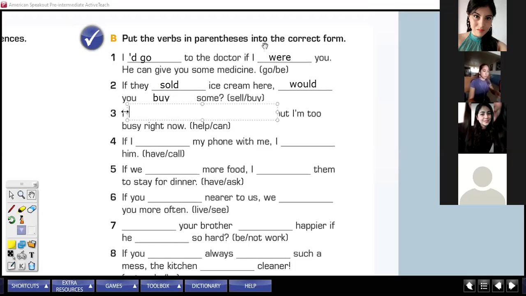I would help. Yes, we can use contractions. I'd help you if I could. Cool. Good. Pronunciation, we don't pronounce L. Could. Yes, very good. I'm too busy right now.